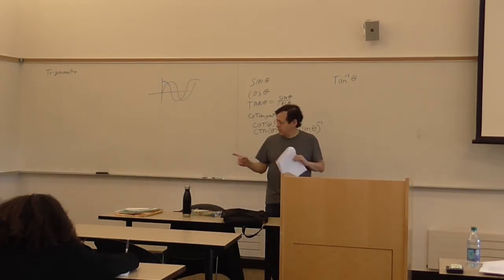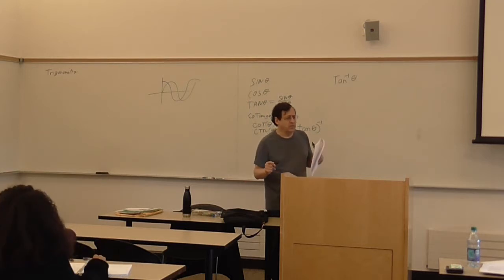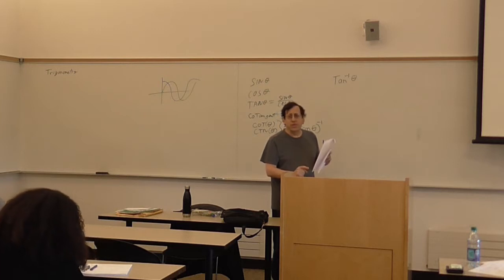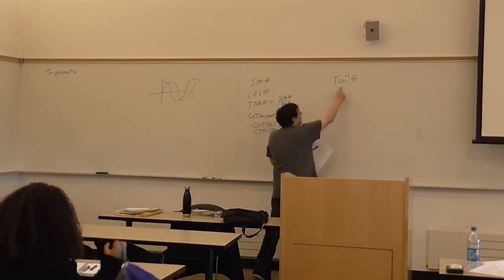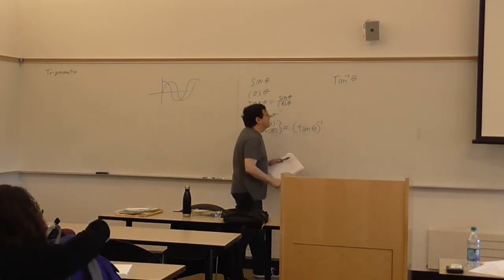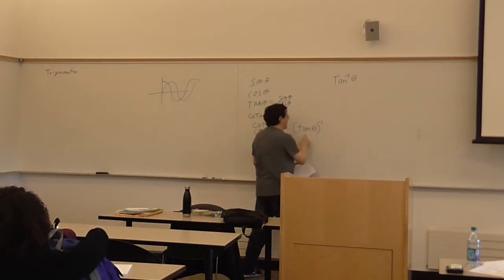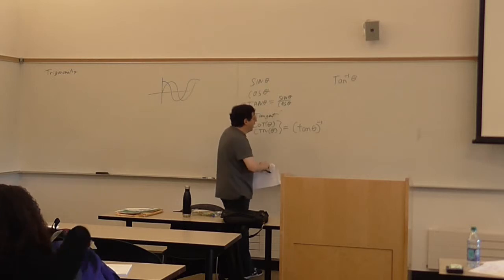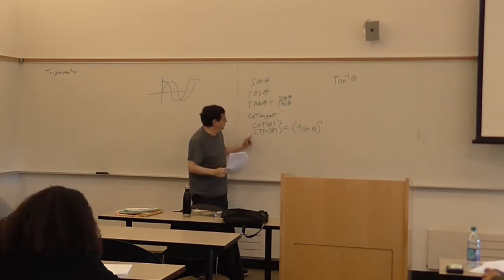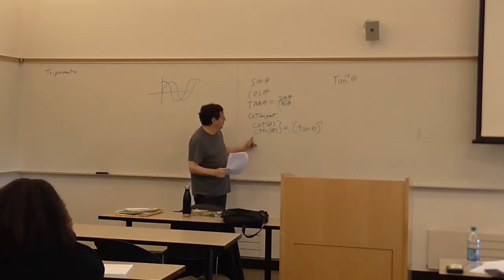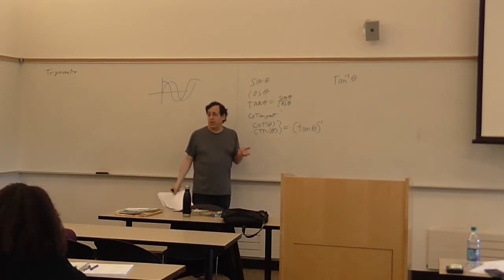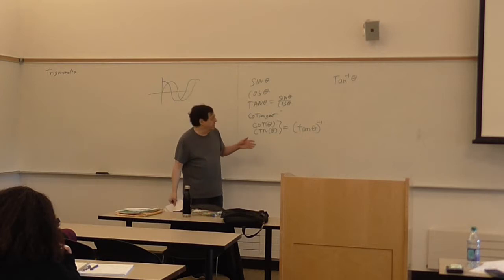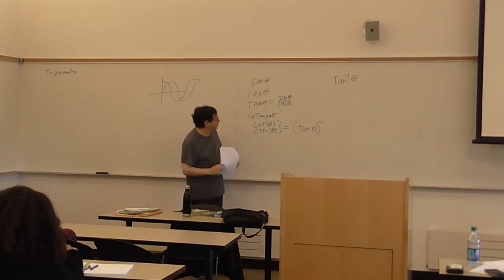And any of you who have a TI or any other calculator, if you look at it right now, you will see that this is a button, right? They don't mean the cotangent. They mean the inverse tangent. Most calculators won't have a cotangent function key. They just expect you to know, since you can do a reciprocal real easily on your calculator, that that's how you're going to get this.